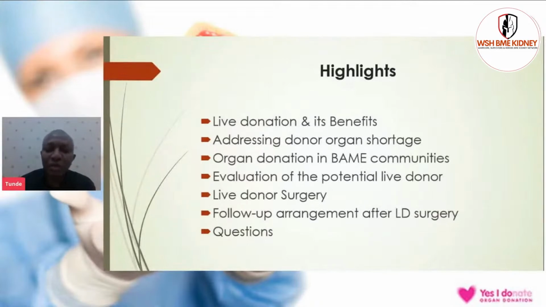And we are also going to try to address the donor organ shortage. What are the issues? We're going to be looking at the BAME communities and live donor organ donation. And we're going to talk about how we evaluate potential live donors.